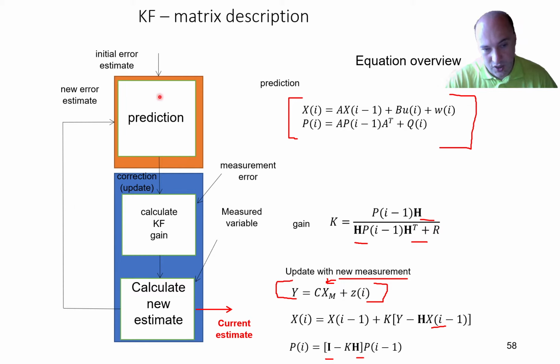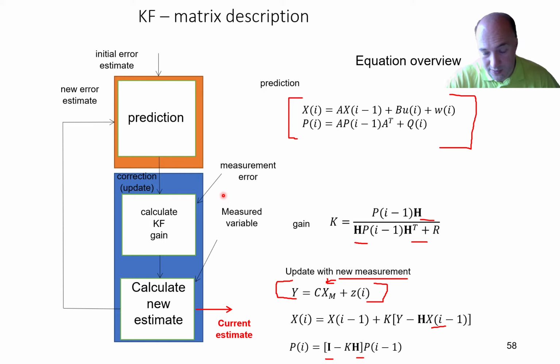So it still works in the same way. We will have a prediction phase, and we will have a correction phase, and we will calculate the Kalman gain. But now all our equations will be with vectors or matrices, and we need to adapt the equations for the matrices.